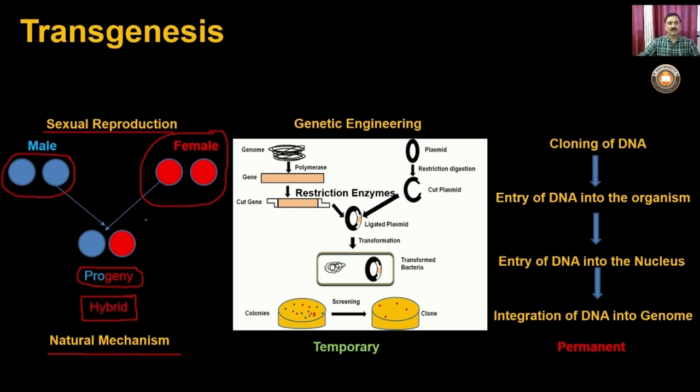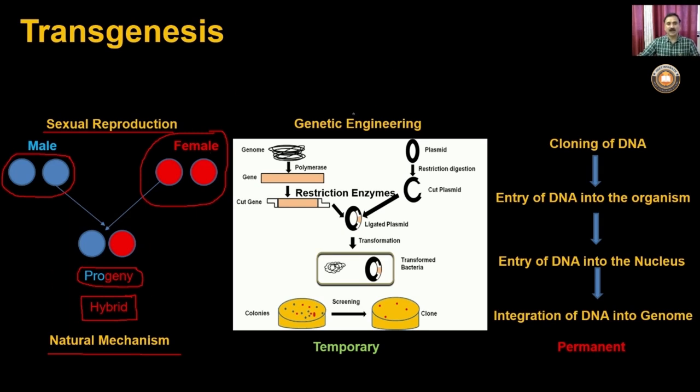The progeny you get has properties from the male as well as the female, and that's how it is of an improved variety or has improved characteristics. But this progeny does not carry any gene from a trans species. It contains all the genes from the cis species, which means DNA from the same species, and that's why these kinds of hybrids are not called transgenic animals.